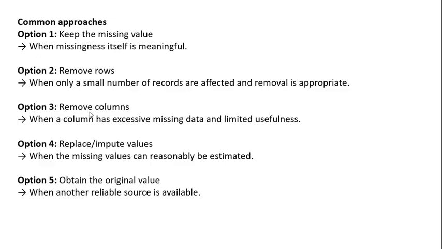Option 3 is remove the columns, when the column has excessive missing data and limited usefulness. Option 4 is replace or impute the values, when missing values can reasonably be estimated. And option 5 is obtain the original values, when another reliable source is available.